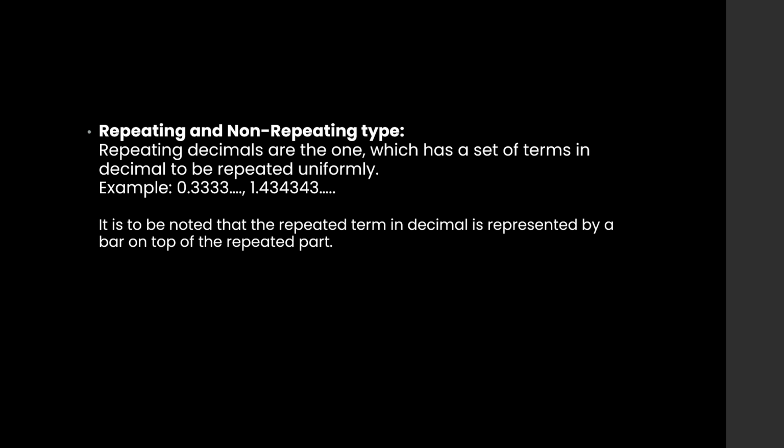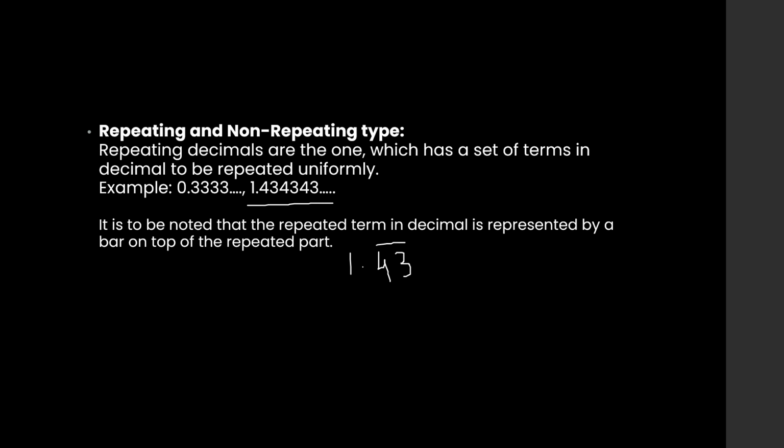It is to be noted that the repeated term in the decimal is represented by a bar on the top of the repeated part. Now if I want to write a number like 1.434343, since 43 is repeating throughout, I can simply write it as 1.43 and I will put a bar on both the digits.